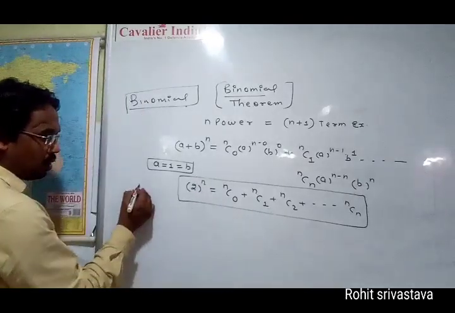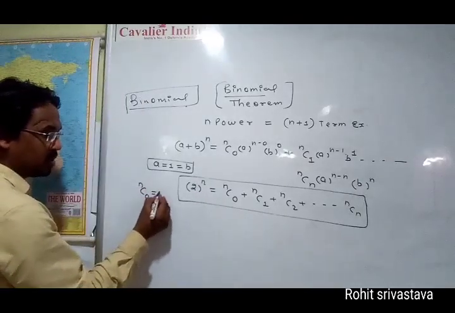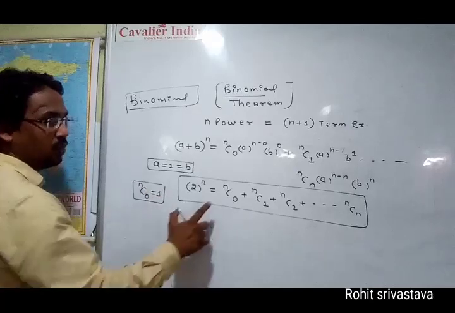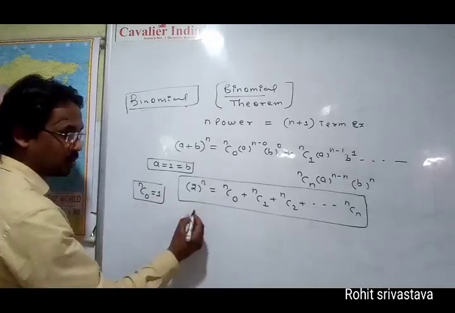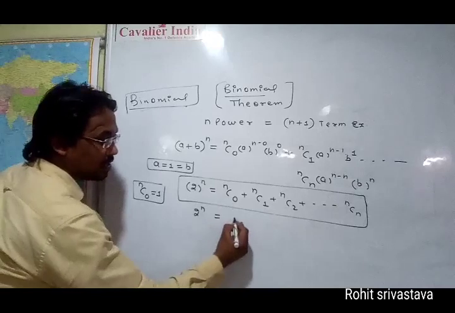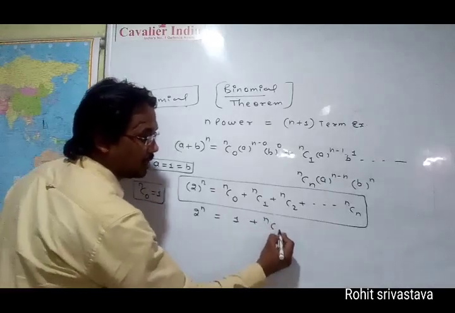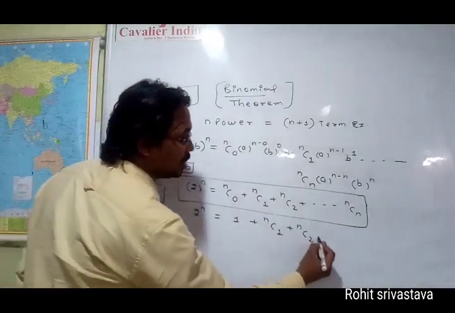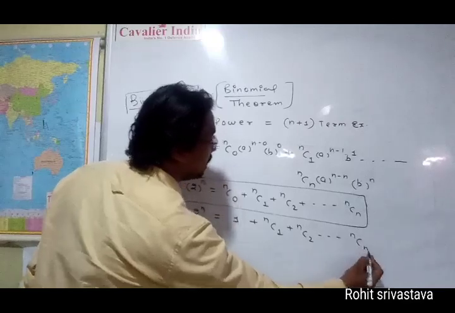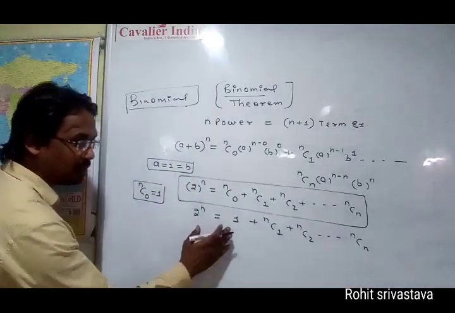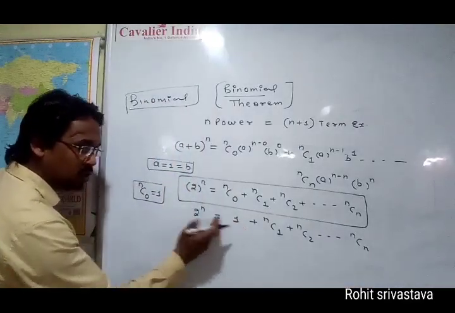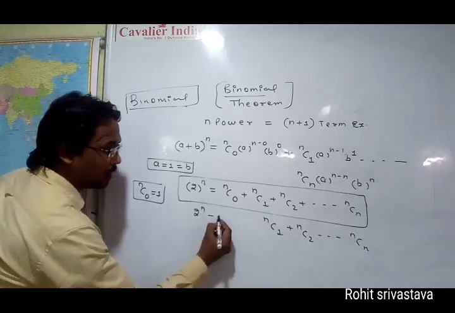You all know nC0 is equal to 1. So when I write 1 here, 2 to the power n is equal to 1 plus nC1 plus nC2 dot dot dot nCn. Dear student, you have to remember it. If you send this 1 to this side, it will turn like this.